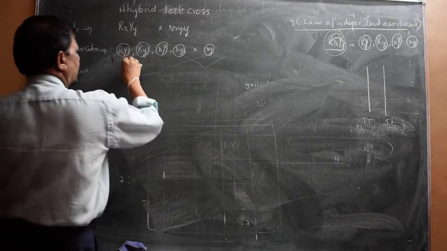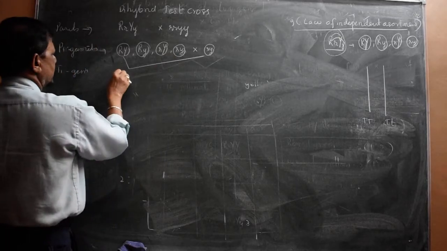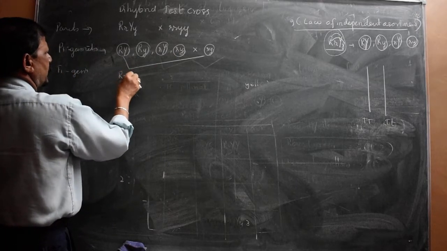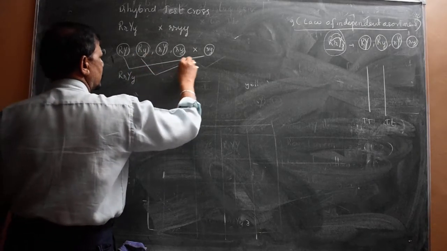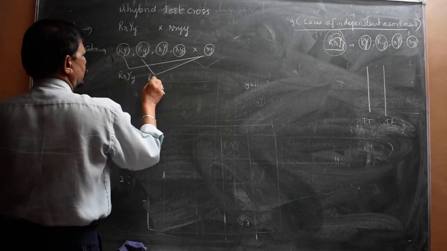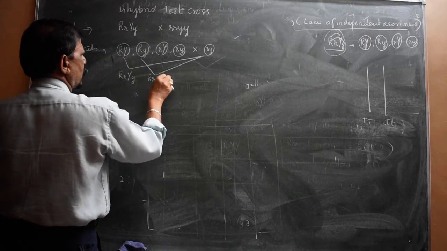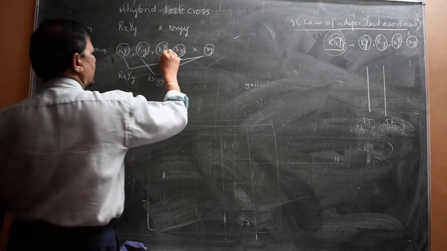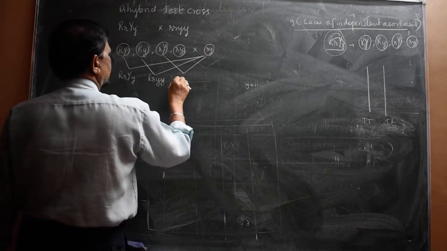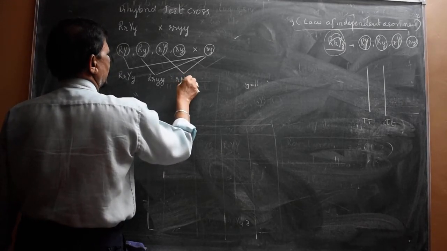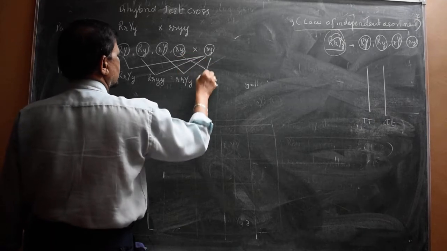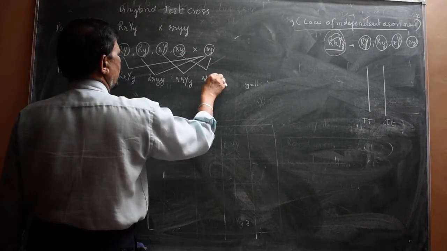F1 generation. See, capital R, small r, capital Y, small y. This is one. Then capital R, small y, small y. Then next small r, capital Y, small y, and the last small r, small y.